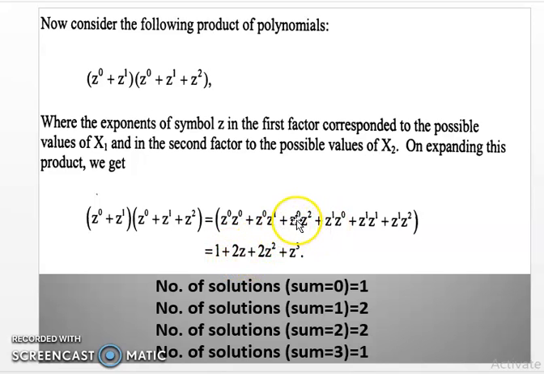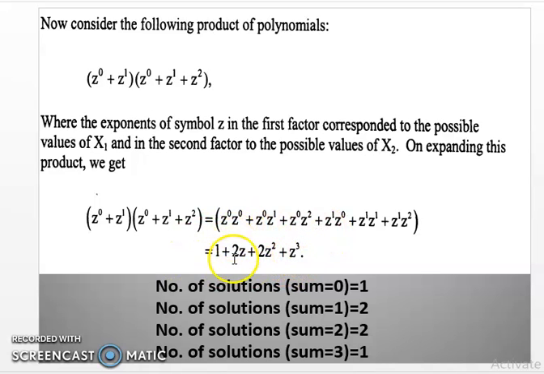Next, z^0 times z^2 and z^1 times z^1 are also z squared, so z squared plus z squared is 2z squared. And for the last term, z^1 times z^2, we add the exponents 1 plus 2, so we get z raised to power 3.